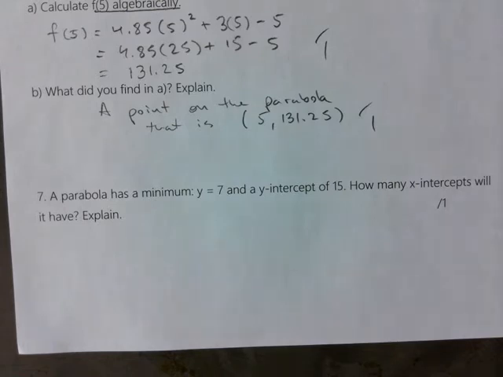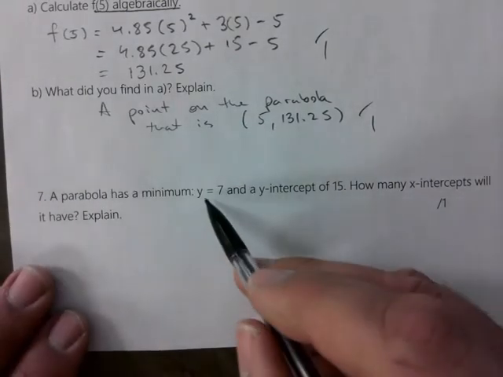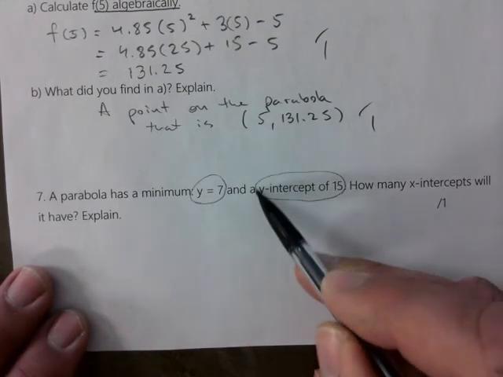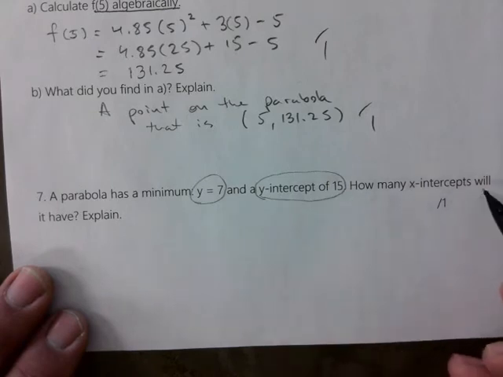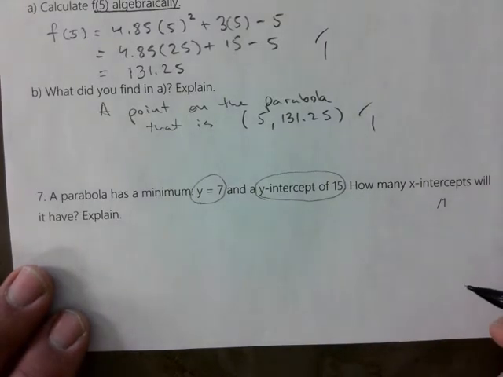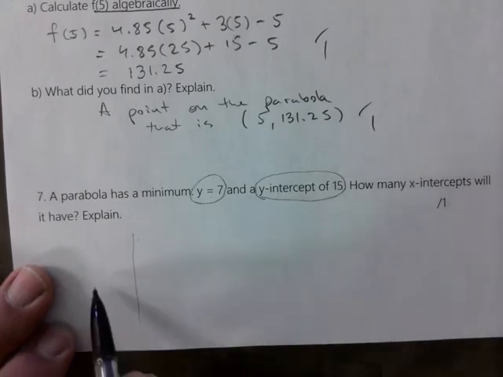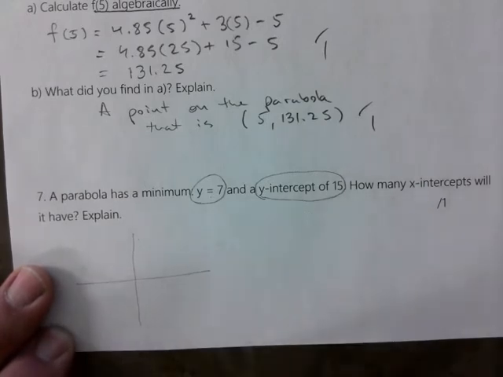Okay. A parabola has a minimum y equal to 7, a y-intercept of 15. How many x-intercepts will it have? Explain. So let's see how that works. I encourage you to just make a little x and y.